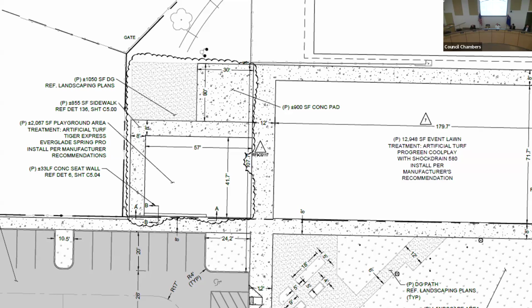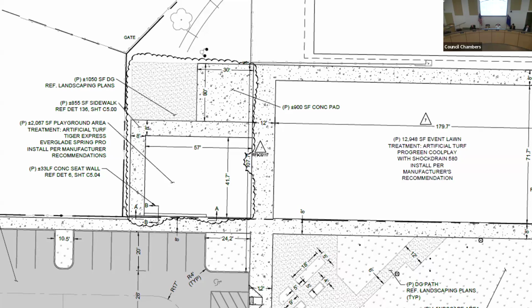Sidewalk to your left, the area for the playground. Upper left-hand corner would be DG with an irrigated 3 or 4 trees up there. And then the rest is sidewalk. And then that shade structure would sit on that 30 by 30 concrete pad.